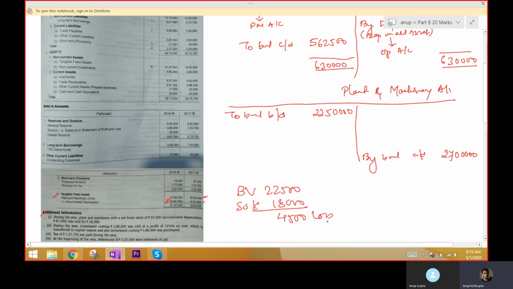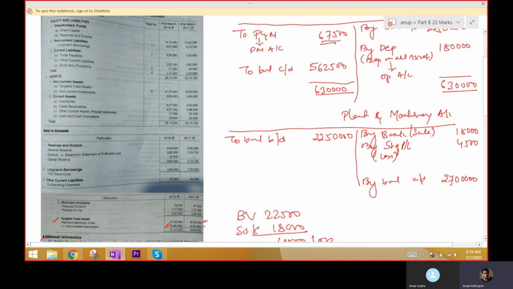So, as I said, whatever amount you sold will be written here by bank, in the bracket you write sale of asset, 18,000. By loss on sale, by statement of P&L, in the bracket write loss, 4,500.